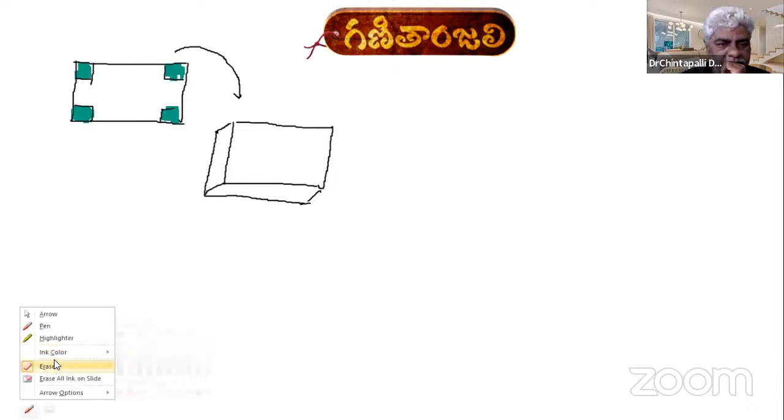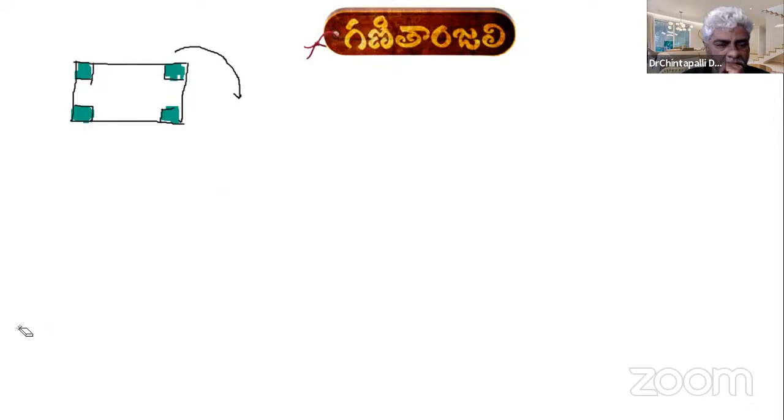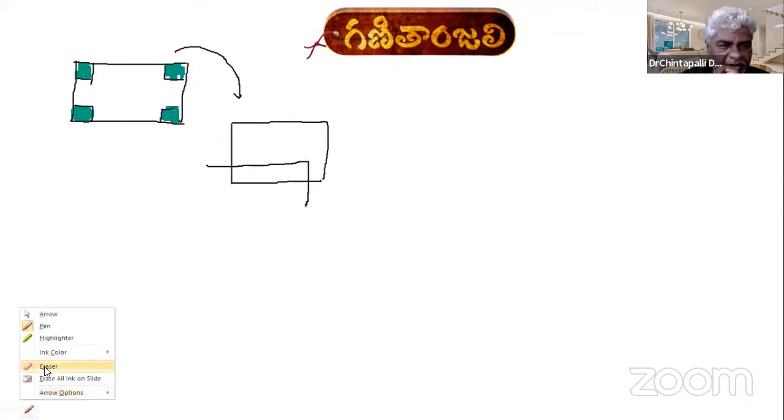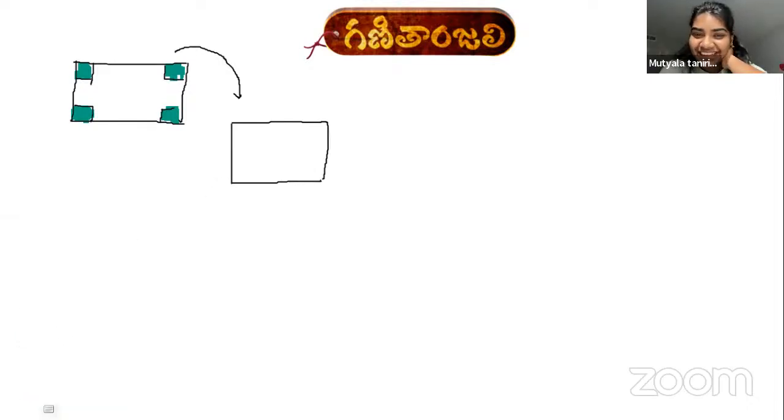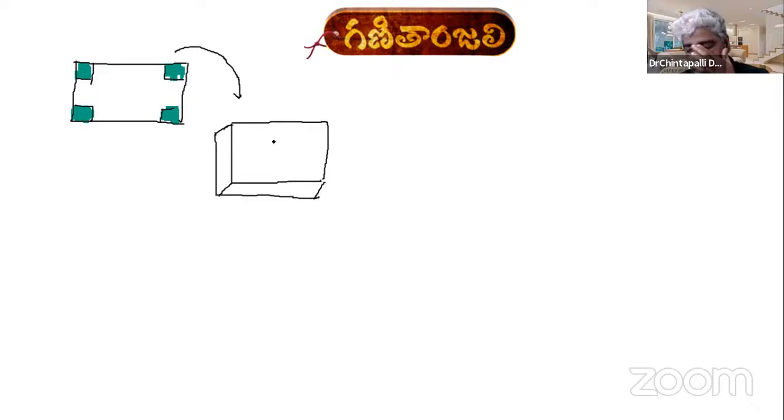Okay, some box is made. After making that box, it is one side, one view, right?